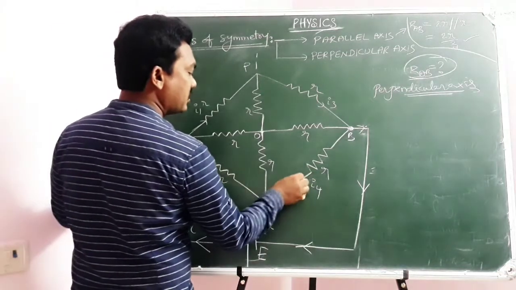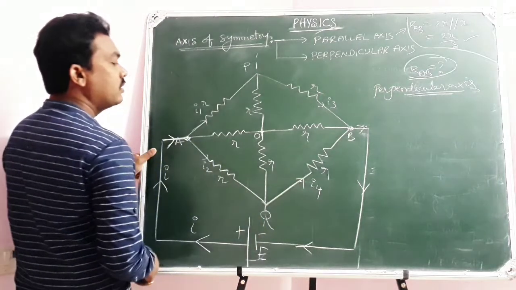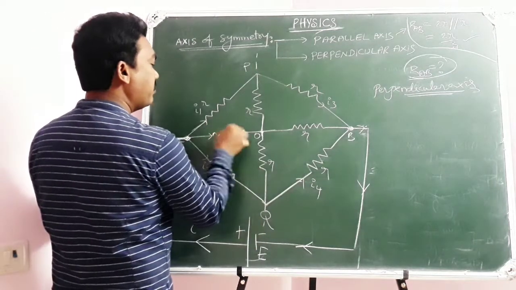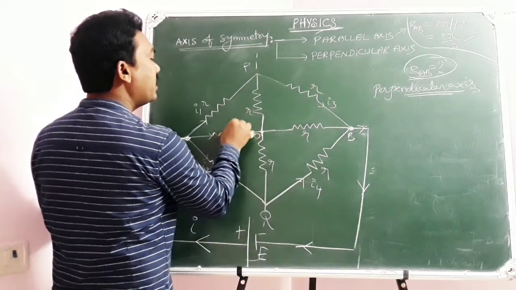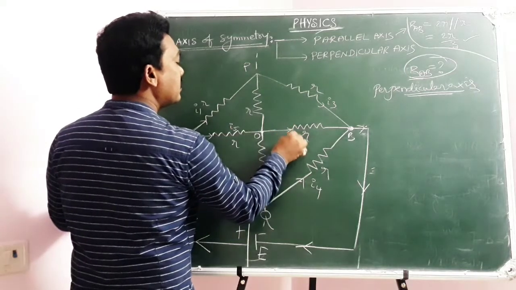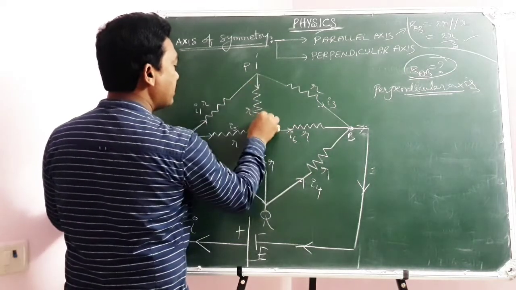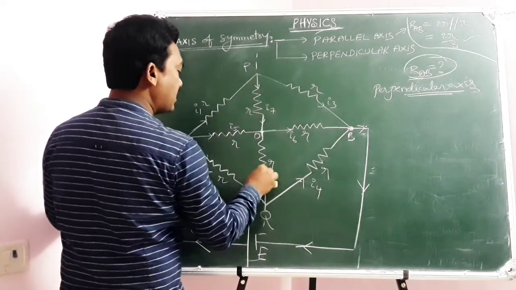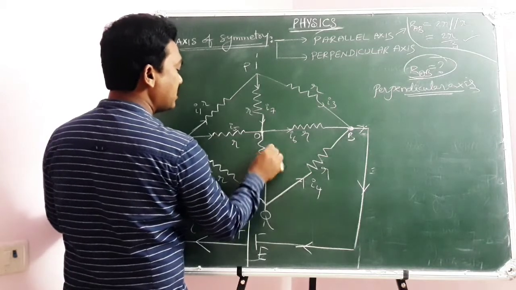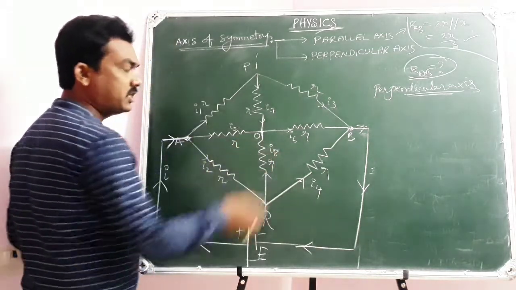Hope you are all following. This is I4, sorry. And here it is I5 and here it is I6, here it is I7 and here it is I8. If you suppose just 8 resistors are there, 8 different currents.